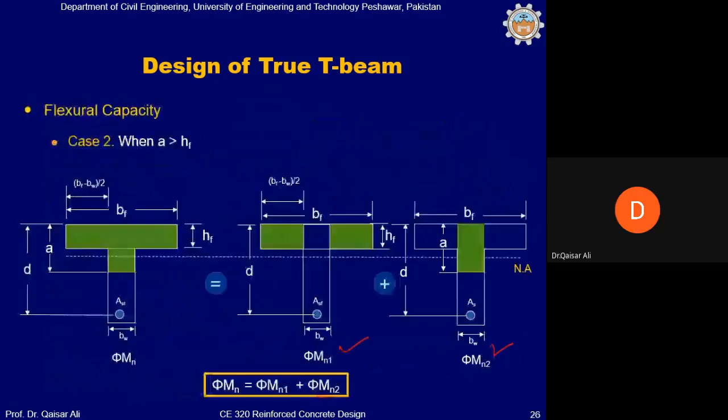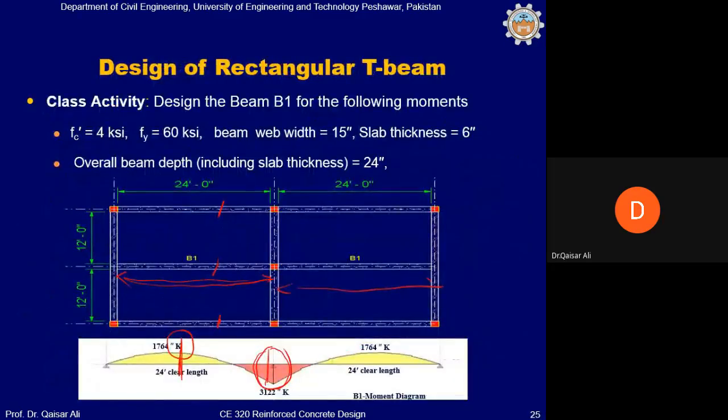There was a class activity on slide number 25. So I would like you to start this class activity now and design this beam B1 for a positive bending moment of 1764 inch-kips and for a negative bending moment of 3122 inch-kips, because everything is known to us. We just need to design and calculate As. If you face any problem, I'm here and I can also solve this class activity for you.